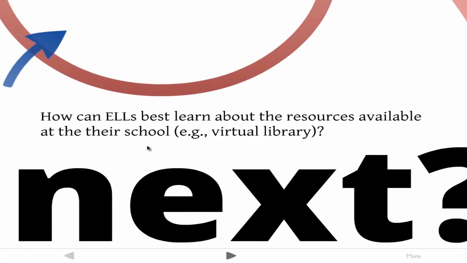How can English language learners best learn about the resources available at their school? In our case, we have a virtual library, so we try to expose our students as early as possible so that they are aware of the tool and can use it in subsequent classes.